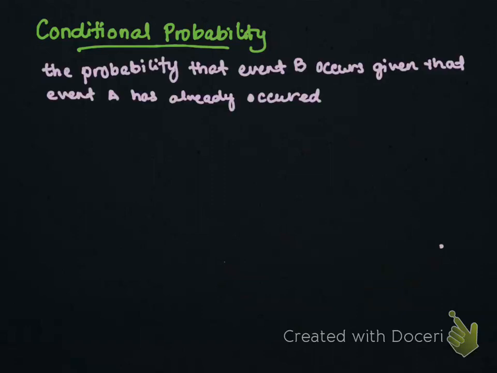Therefore, the notation for conditional probability is P(B given A). This is the notation for conditional probability. It is pronounced as the probability of event B given that A already occurred.